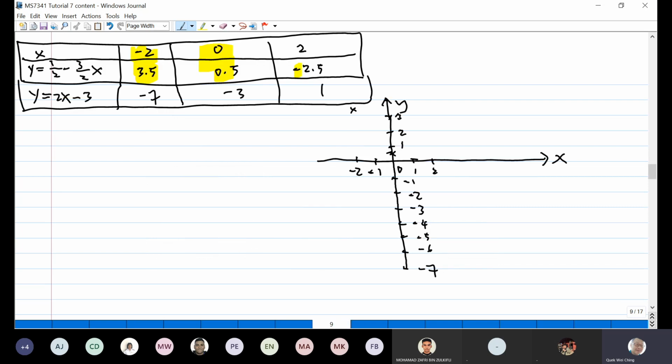That's why you need to get 3 points at least. Otherwise, it looks very strange and you don't get a straight line. So minus 2.5 is somewhere here. With these 3 points, true enough, you know this is actually a straight line. So join these 3 points together.